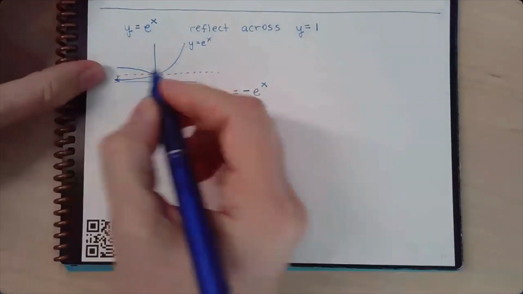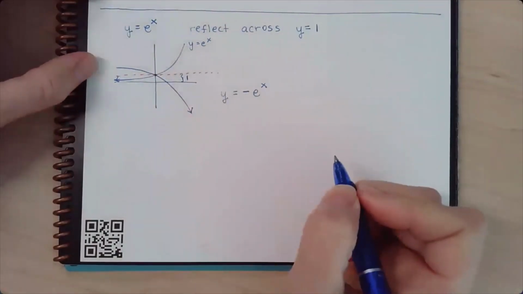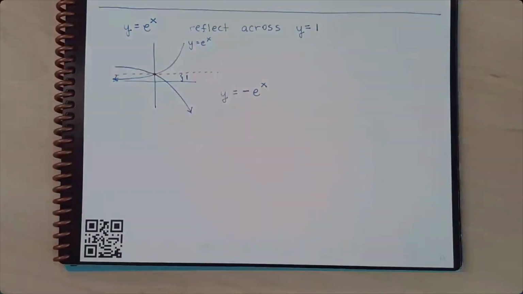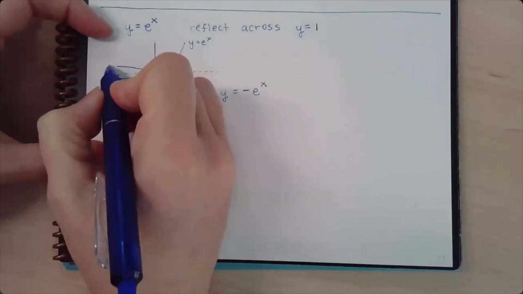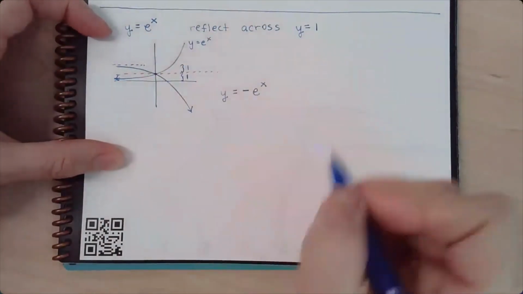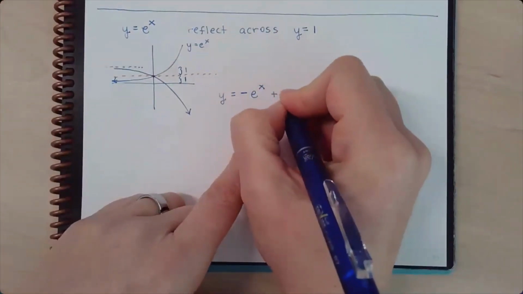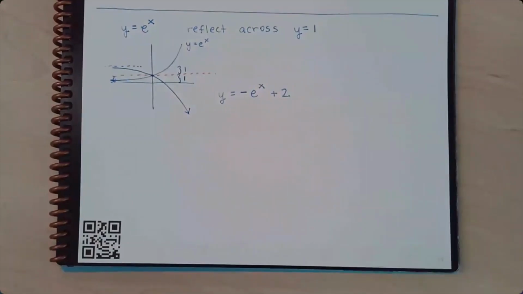Because the distance from my asymptote to what I was reflecting around was 1, which means when we do that reflection and spin it, this new asymptote is another 1 away, meaning it's been shifted up a total of 2. And I know that's a little weird.